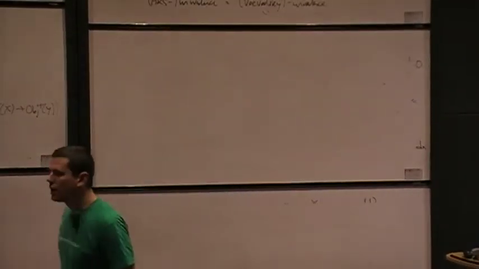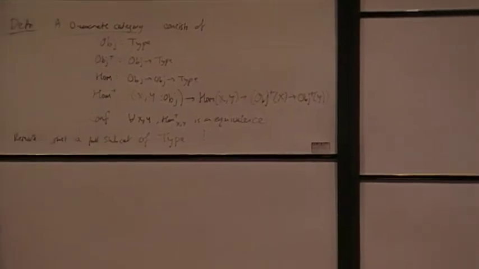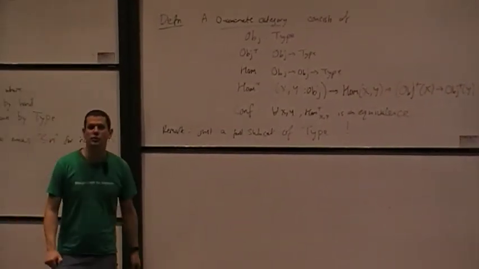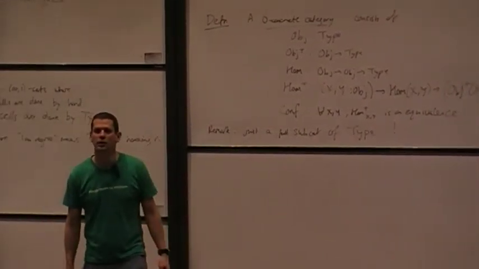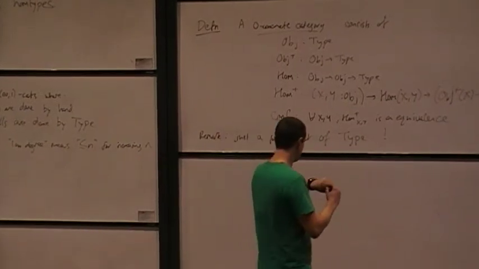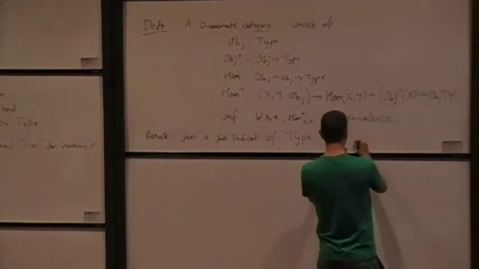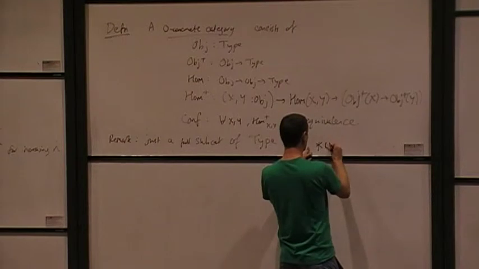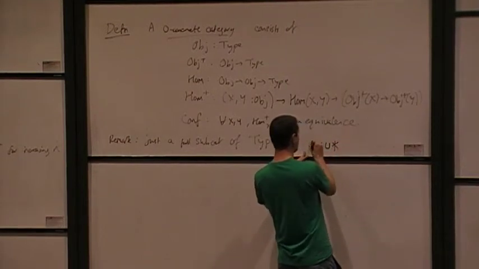So quite useful. You could spend some time, and I did spend some time wondering how many things are full subcategories of type. The answer is there's loads of things that aren't full subcategories of type. For example, I don't have much time, so I'll just mention one as a cute exercise.